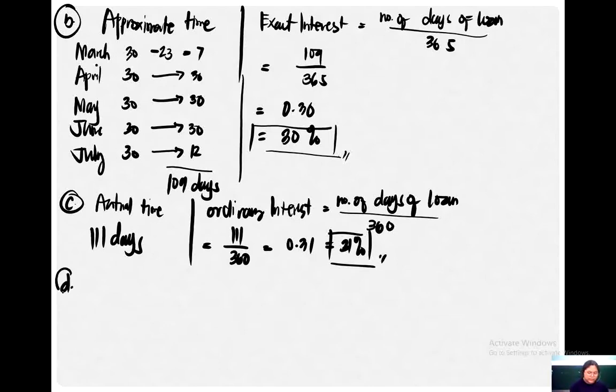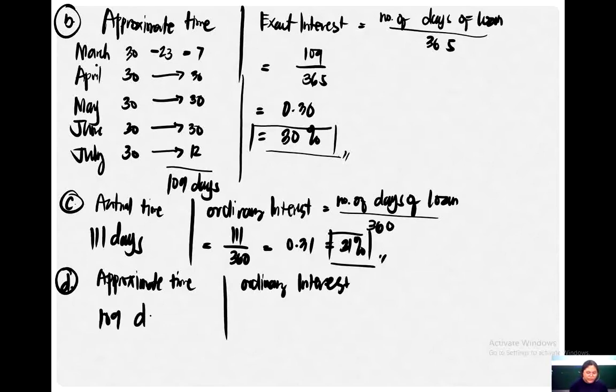Okay, next, letter D, approximate time. And again, ordinary interest. Okay, the approximate time is 109 days. Okay, so let's just substitute 109 over 360.